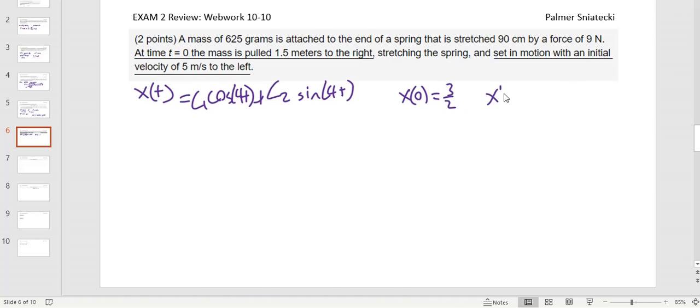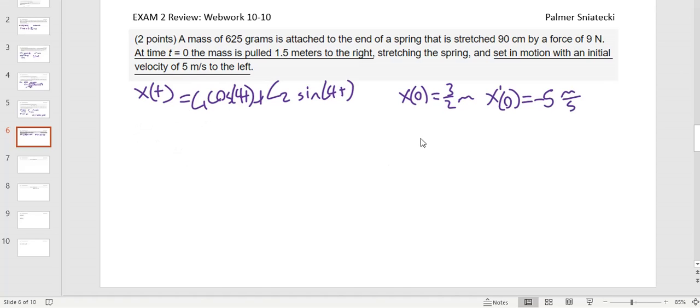And at x prime of 0, that's the velocity, the change in position over the change in time, we've got 5 meters a second to the left. Since right is positive, that's going to be equal to negative 5 meters a second. And this is meters, this is meters a second.